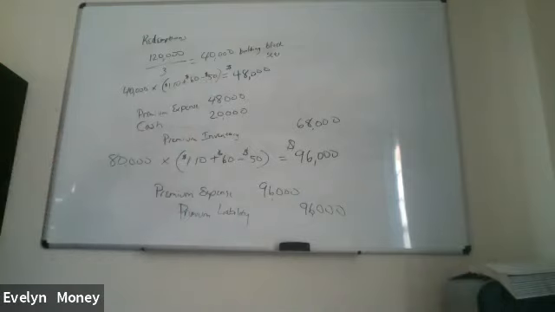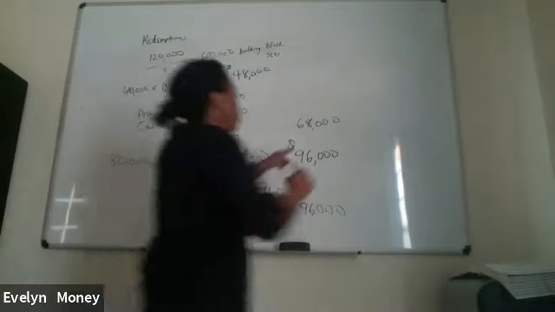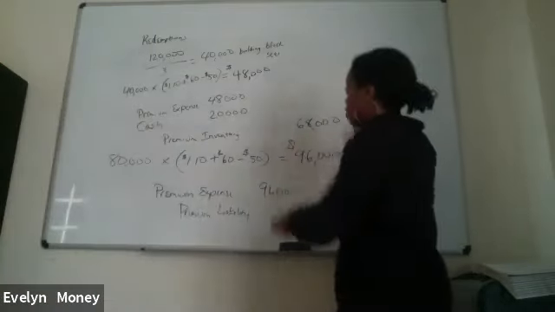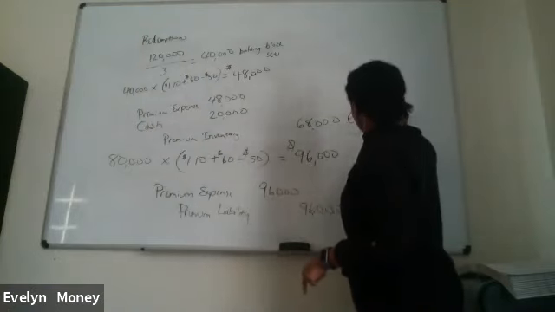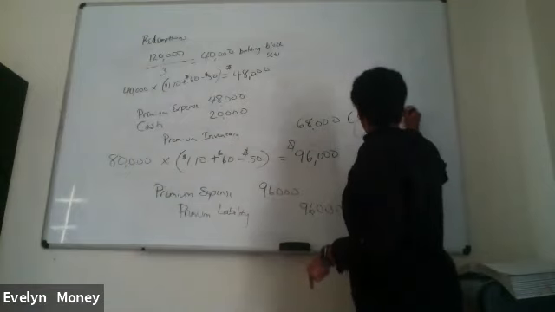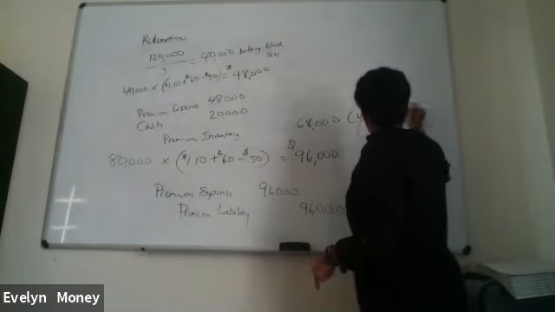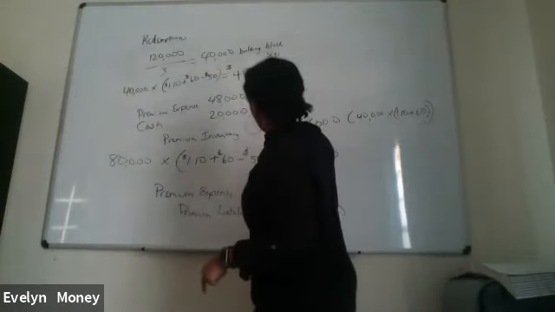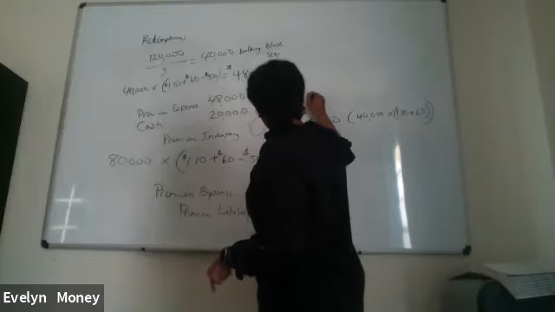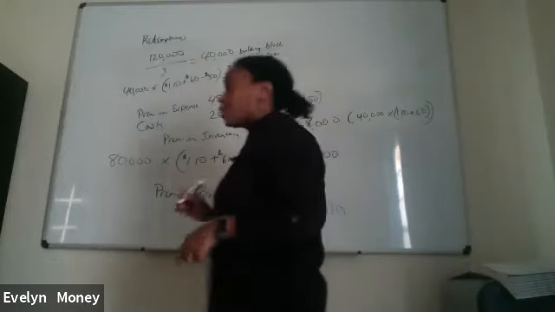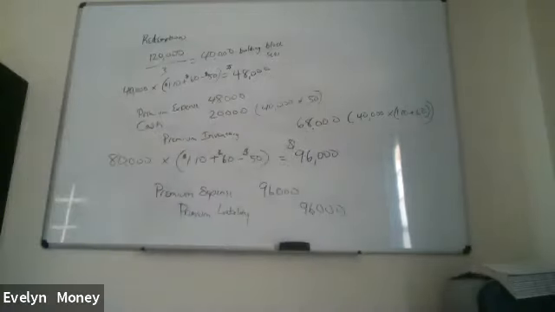And that's where the 20,000 comes from. So let me put a little star right here so you can know where this number came from. That is the 40,000 times the 1.10 plus the 0.60. And for this one right here, that is the 40,000 times the 50 cents, or what the customer gives us.